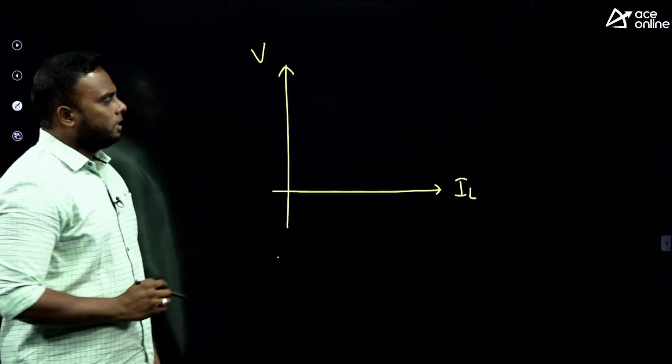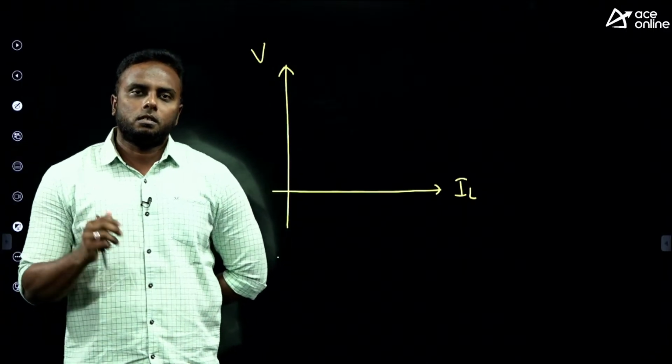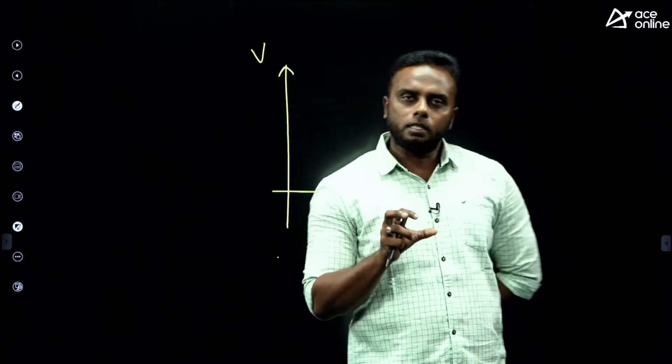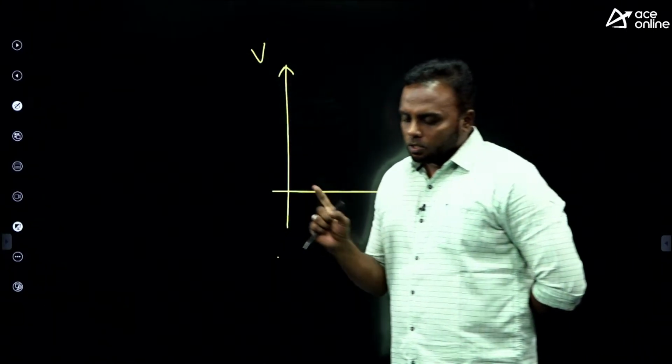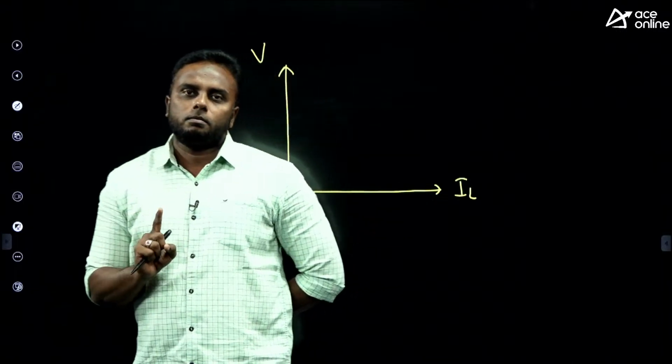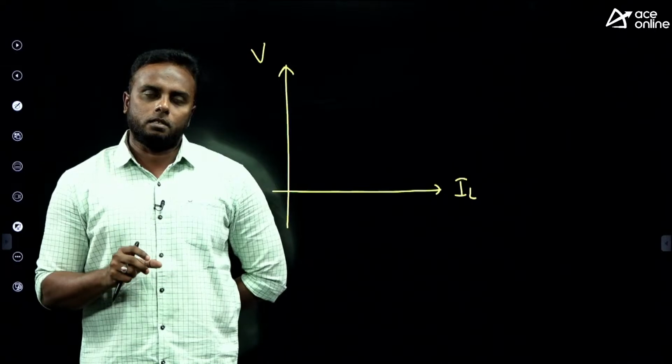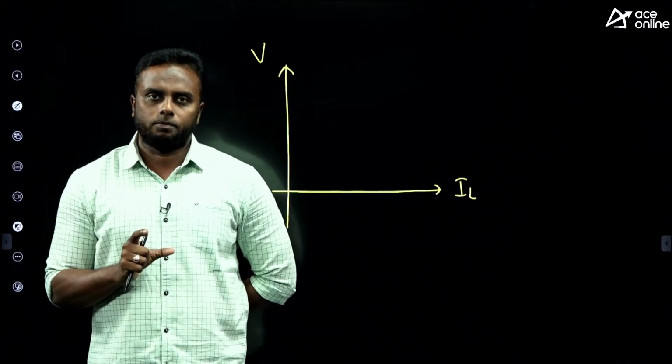Now, in a shunt generator, what is the voltage under no load condition? Rated voltage, yes. Whenever load on the generator increases, its voltage slightly decreases due to some voltage drops in the generator.